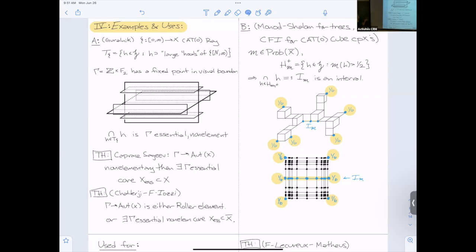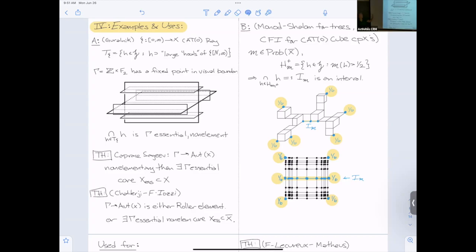I didn't give you the proper definition because there's an epsilon and an n, but it basically says all of the half spaces that contain a deep and large neighborhood of the geodesic ray. And you will notice here that I have passed from thinking of H as a bunch of vertices to now thinking of it as a CAT(0) space in its own right. And that's not the first time I will do that.